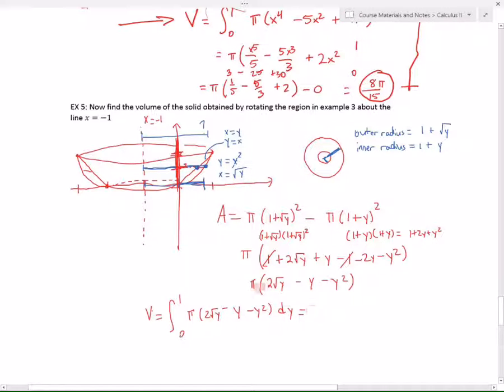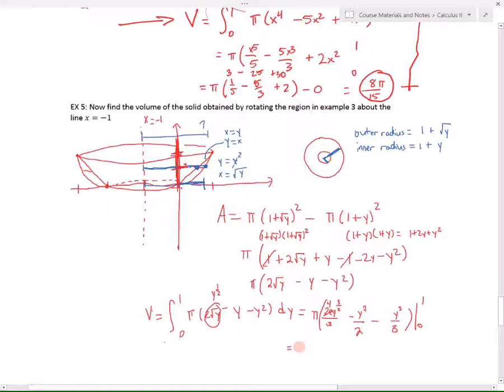So this I'll treat here as y to the 1/2 power. So that's pi times 2 times y to the 1/2, and then 2 y to the 3/2 divided by 3/2 is to multiply by 2/3, so that becomes 4/3, minus y squared over 2 minus y cubed over 3 from 0 to 1.